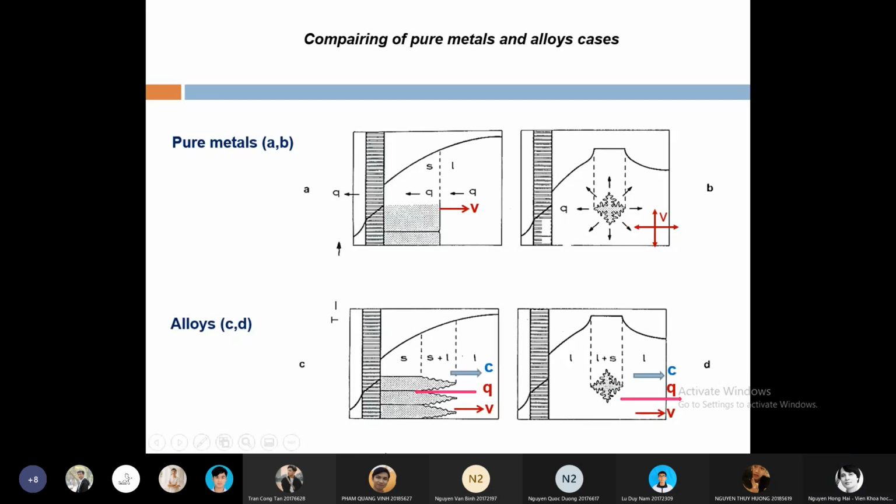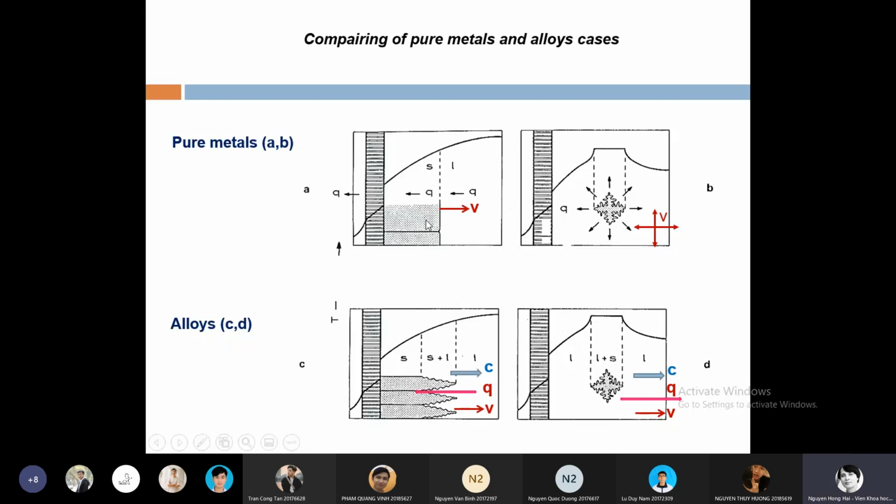In this case, because of some solute, some alloy element, you see here, the liquid-solid interface is planar and very stable. But in the case of the alloy, the solid-liquid interface is not planar, not stable, and because of this, we can have the dendrite.